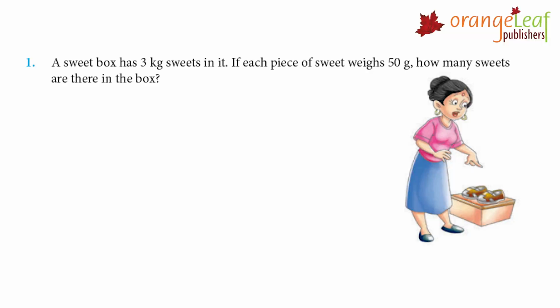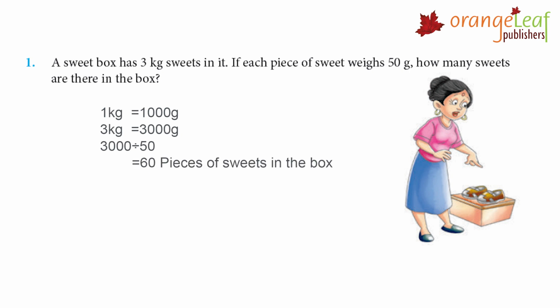Now we know that 1 kg is equal to 1000 grams. So 3 kgs would be 3000 grams. Since each piece of sweet weighs 50 grams, we divide 3000 with 50. On division, the answer is 60. So there are 60 pieces of sweets in the box.